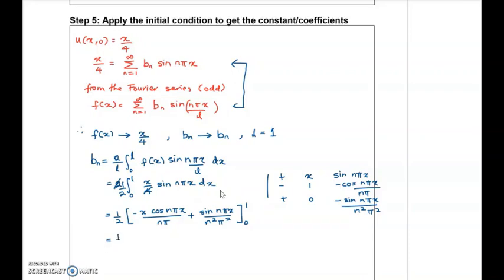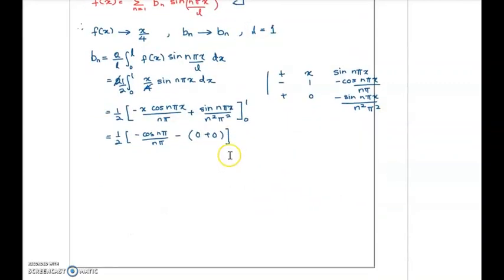So we have 1 over 2, and this one is negative cos n pi over n pi. For the sine here, when x is 1, we have sine n pi, which is always 0. And then minus the value when x is 0: the first term is going to be 0, and sine is also 0.